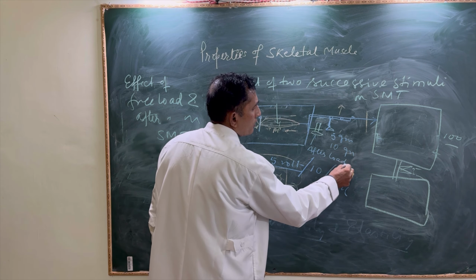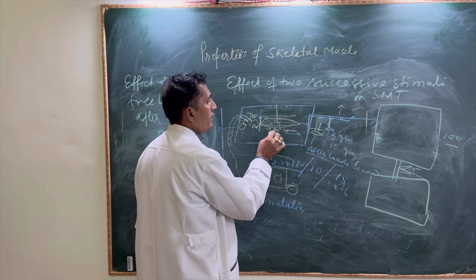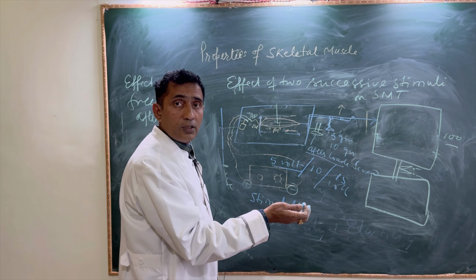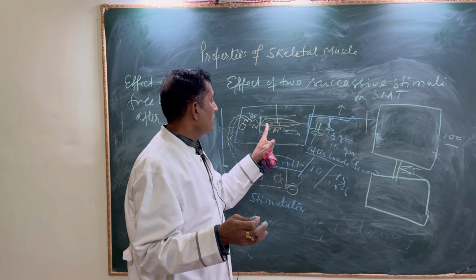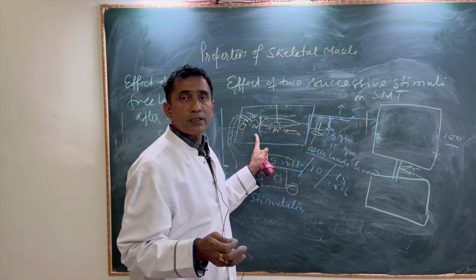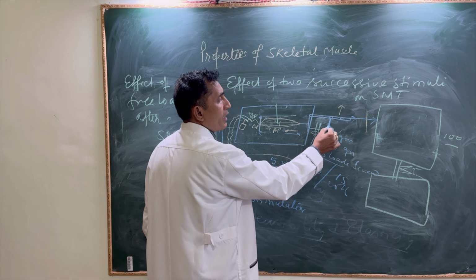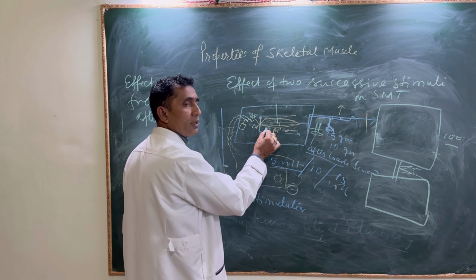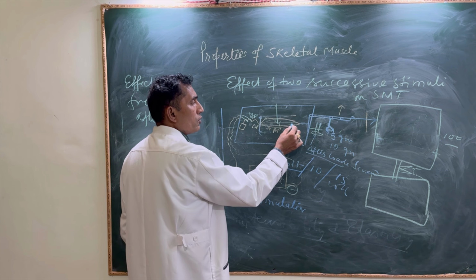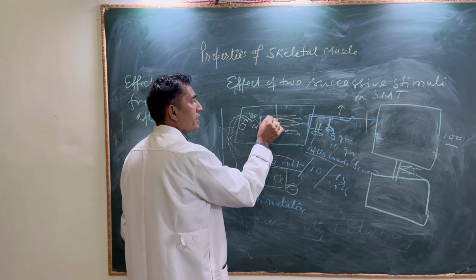If it is free from the lever, then however much load you use, the length of the muscle will increase before contraction. Our aim is to change the length of the muscle before it contracts. So for that we can use two types of preparation. In one preparation, this screw is free from the lever. So in this case, whatever load is applied is transferred to the muscle, and there is a possibility to increase the length of the muscle before it contracts.